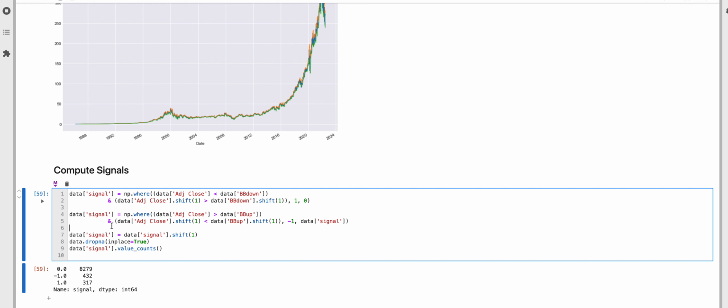We go for a long position when the adjusted close price is lower than the lower Bollinger Band, indicating the asset is oversold and the price is likely to increase. This is primarily a long short strategy, and basically this is a buy low sell high strategy.